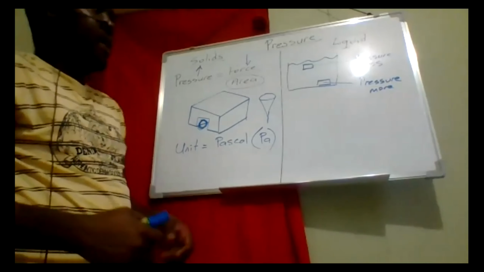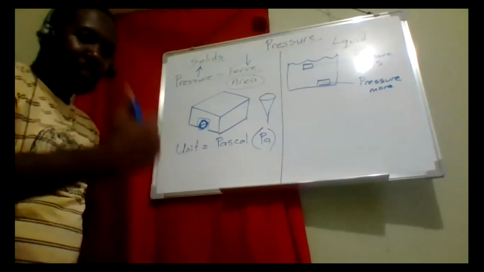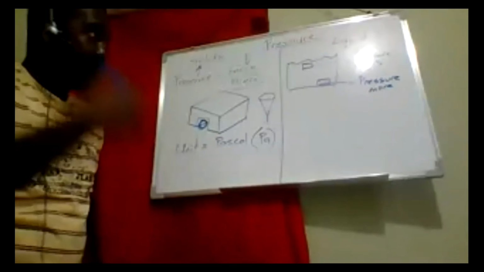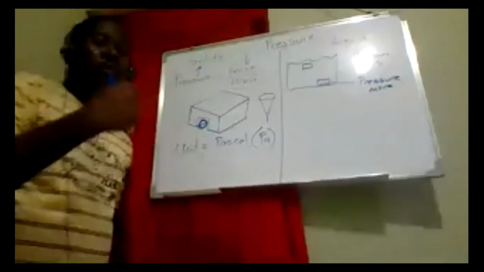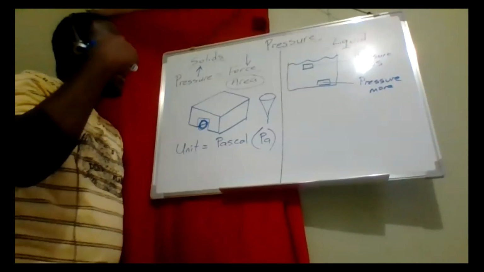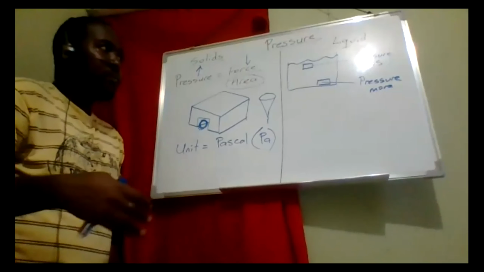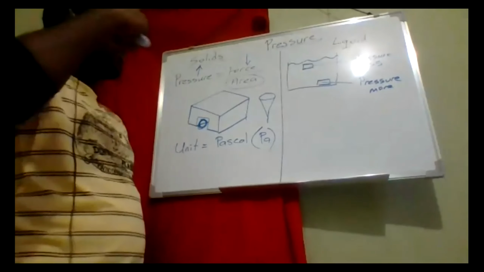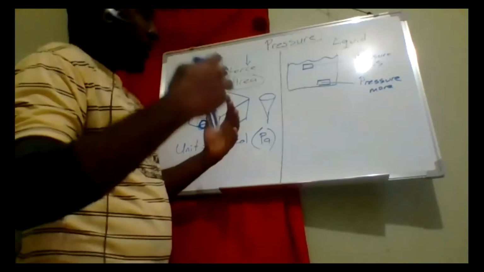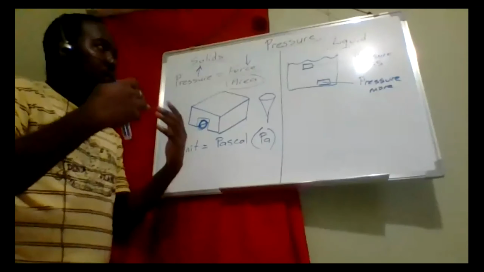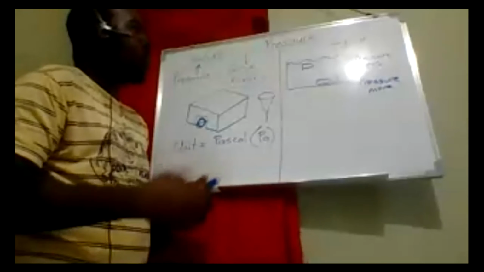So that's why going further down, especially in the ocean, the pressure increases. At the bottom of the ocean, that pressure is great enough that it can actually cause severe damage to persons that dive down there, right? So that's why they have to wear protective gear, so those gears can withstand the pressure that will be exerted by the water.